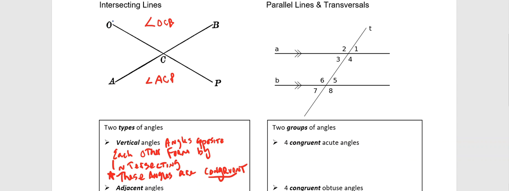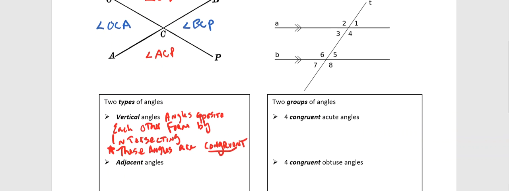That second pair of congruent angles, because of being vertical, are angle OCA, and directly across from it, opposite from it, angle BCP. So the angles I've written in red are congruent because they're vertical. They're angles opposite each other formed by these intersecting lines. And the angles I've written in blue are congruent to each other. Their measures are equal to each other as well.